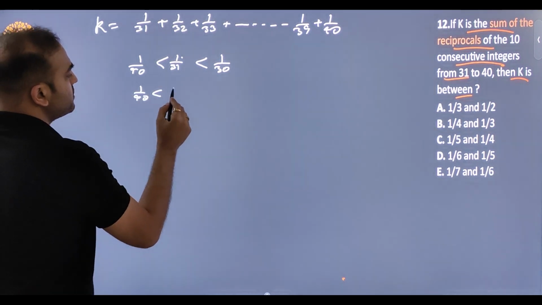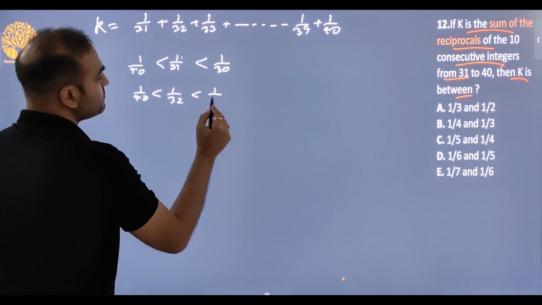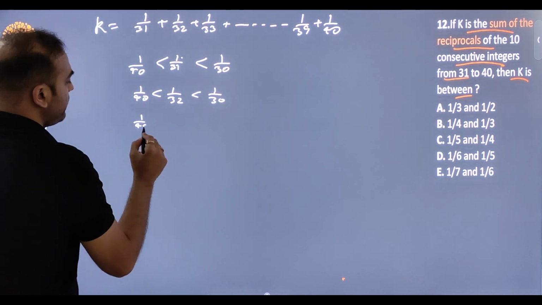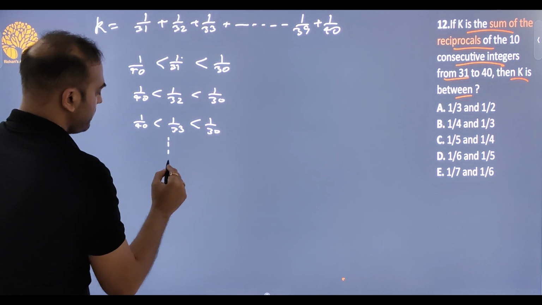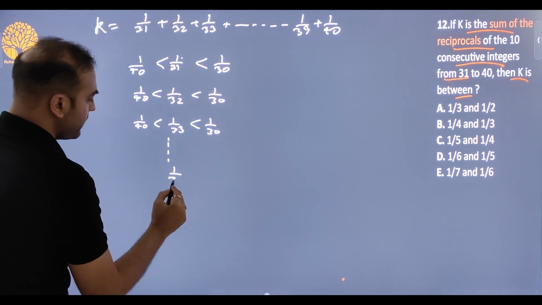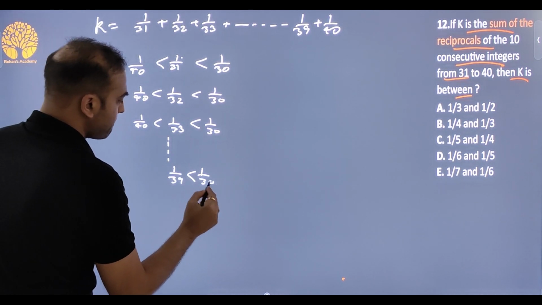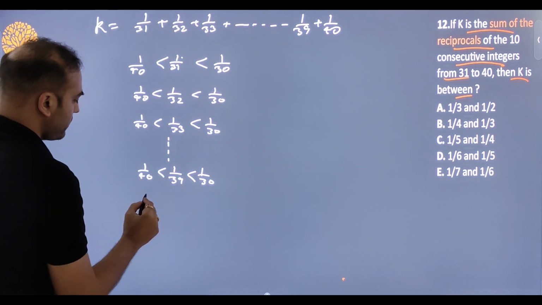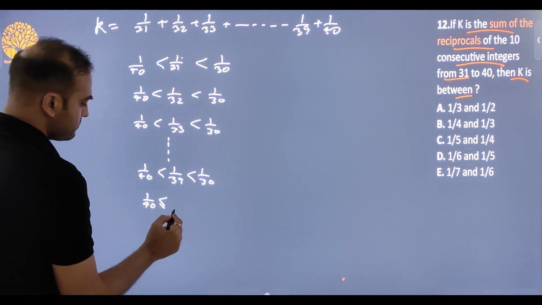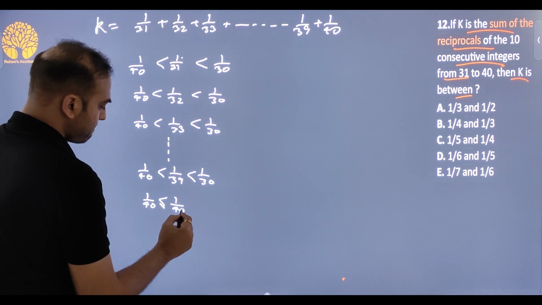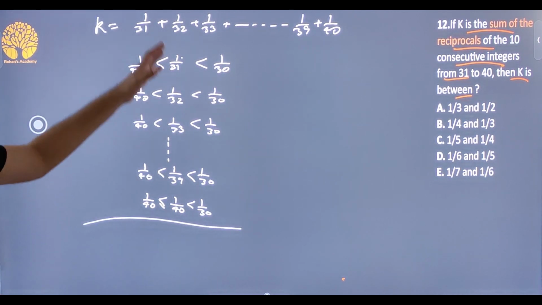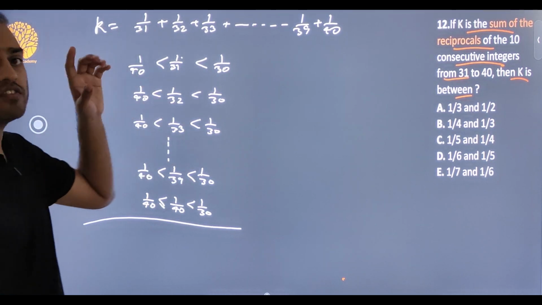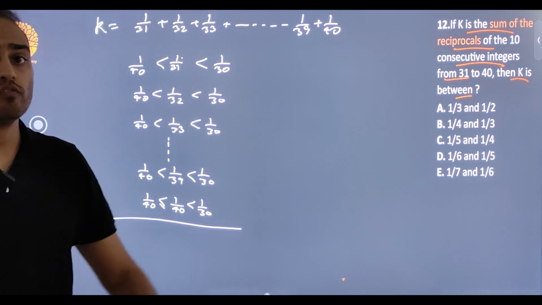Similarly for all the numbers, 1 by 32, 1 by 33, and so on, 1 by 39 and 1 by 40. Now you know if you have inequalities of same sign, you can add all of those.